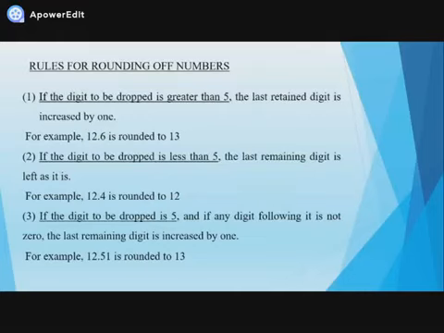For example, 12.4 is rounded to 12. Number 3rd rule is if the digit to be dropped is 5 and if any digit following it is not 0, the last remaining digit is increased by 1. For example, 12.51 is rounded to 13.